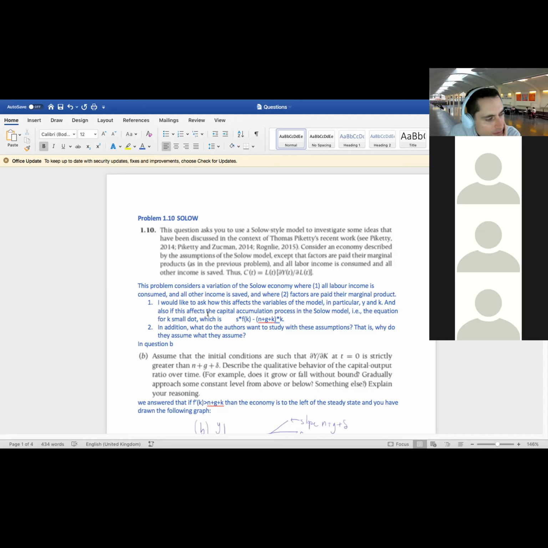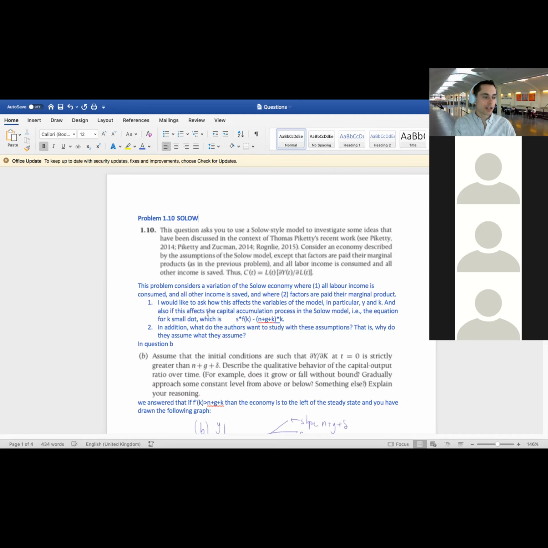All right. Well, factors are paid their marginal product. Because in the Solow growth model, there's no decisions. There's just a savings rate. So basically what we're doing here is we're saying that the savings rate is going to change as the economy gets closer to a steady state, the savings rate is going to adjust itself.